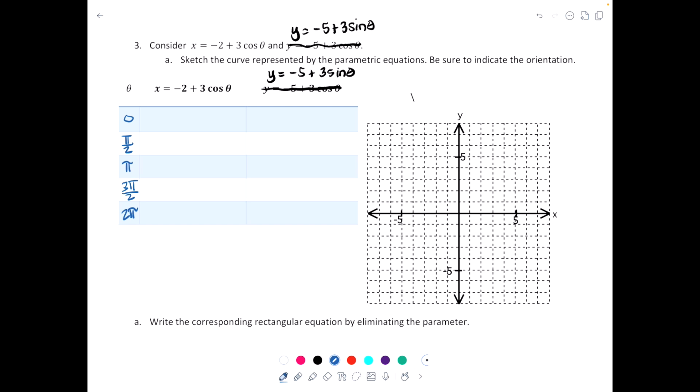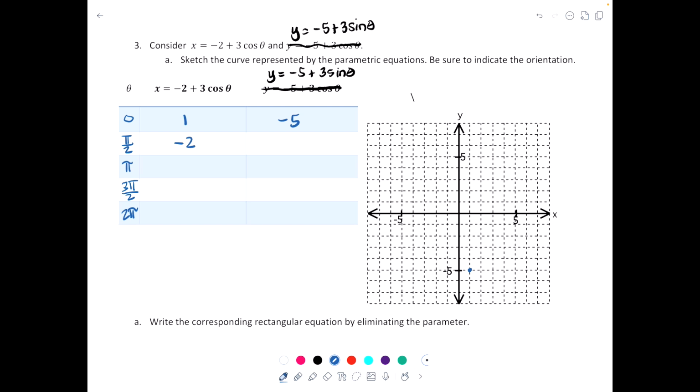When I plug in 0 for theta, I'll get -2 plus 3 times 1 for the first one, which gives me 1. Then I'll get -5 plus 3 times 0 for the second one, which is -5. So we'll be at 1, -5, which is over here. At pi over 2, cosine theta zeroes out, so I'll just have -2.